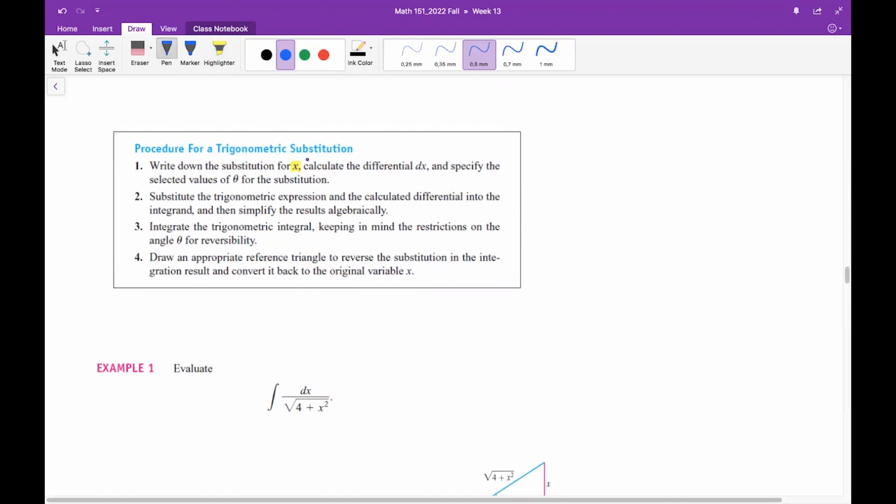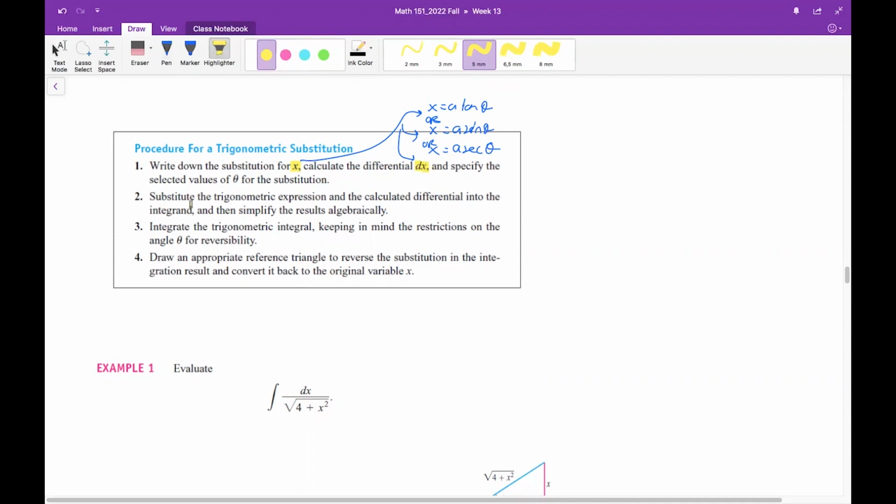The most commonly used trigonometric substitutions for x are these, or x equals a times secant theta. After writing this, you also compute dx.